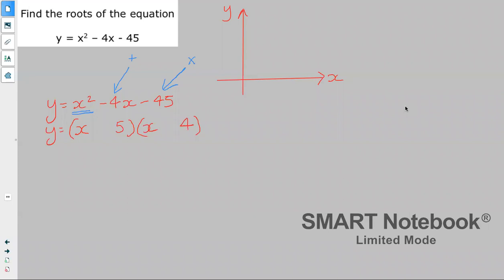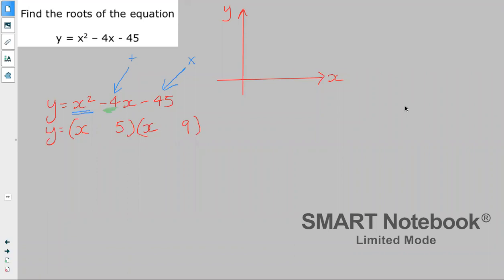Sorry, not a 5 and a 4, a 5 and a 9. Sorry. Because 5 multiplied by 9 is 45. You want a negative 45, so one of them has to be a negative and one has to be a positive. If your target is negative 4, how do you go about doing that?